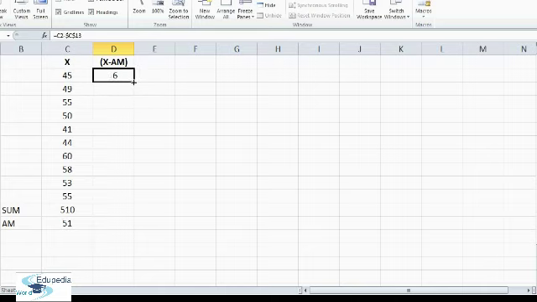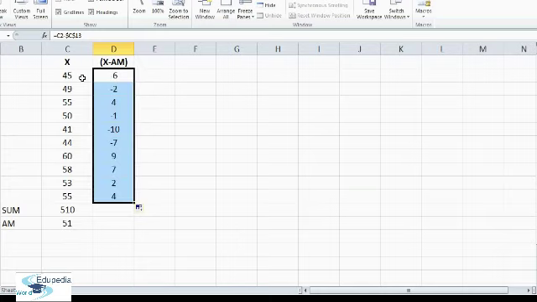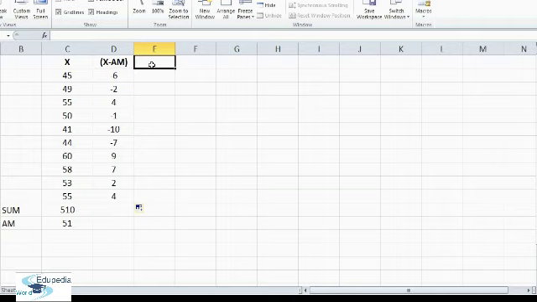So here we have the deviations from the individual data, and then I need to square them before I can find the average of this. So the square of this would be the value raised to 2.